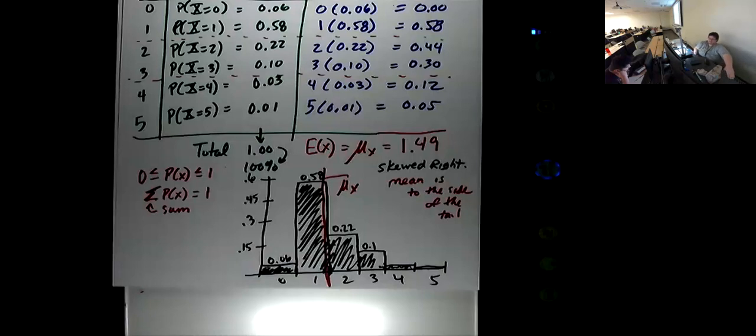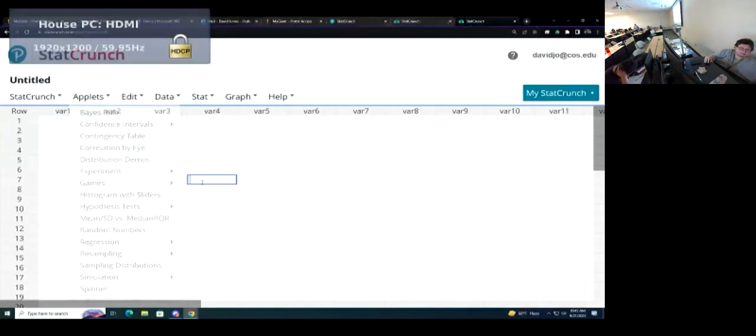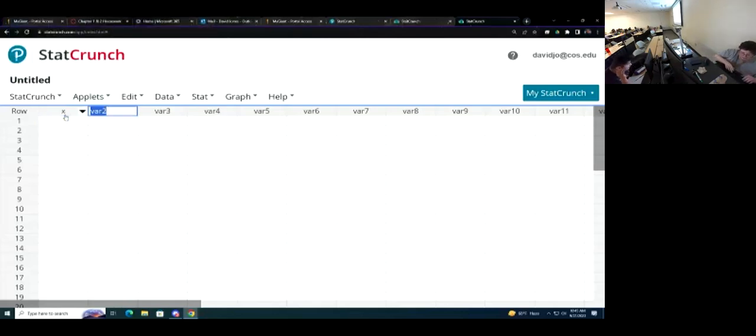Let me put these values in StatCrunch and see what we get there. So I'll just write it X and P of X right now.